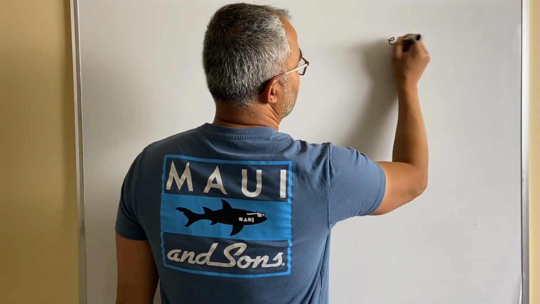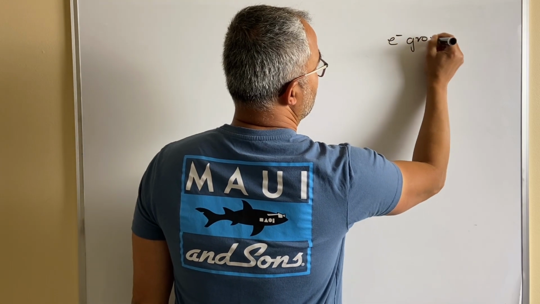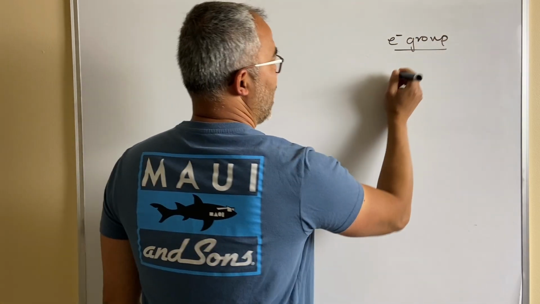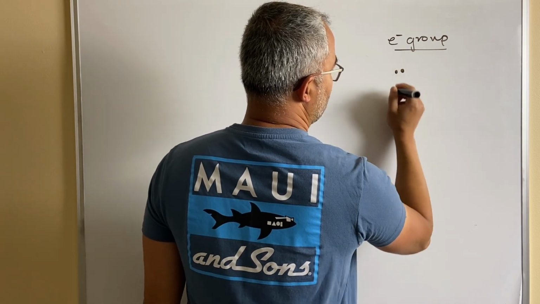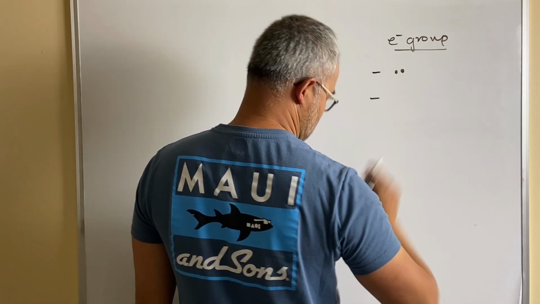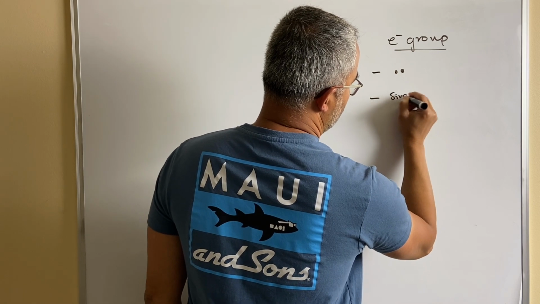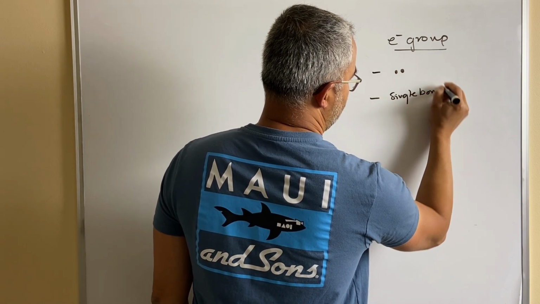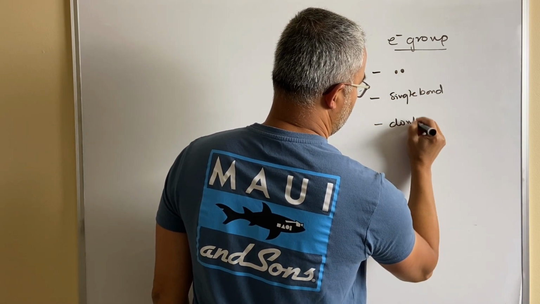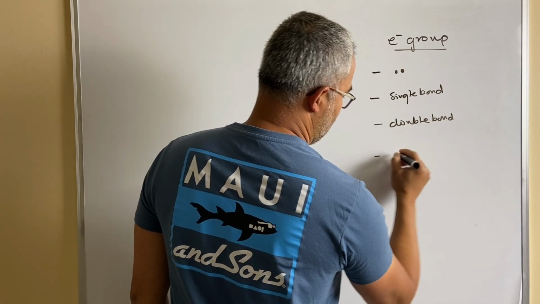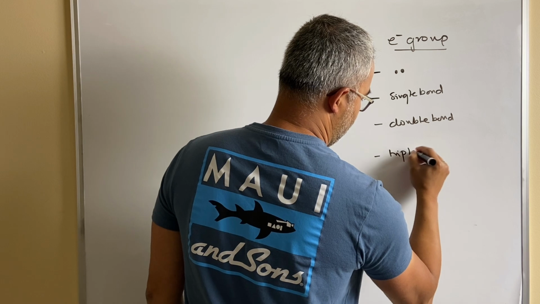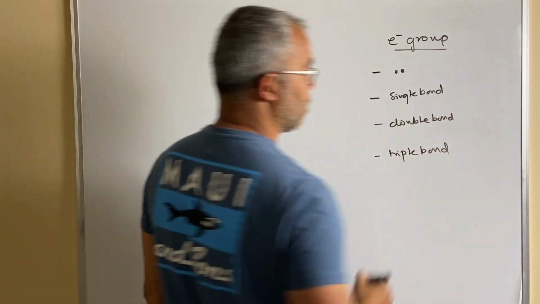Any lone pair, so lone electrons, that's an electron group. Another electron group would be a single bond. A double bond is also an electron group, and a triple bond is also an electron group.